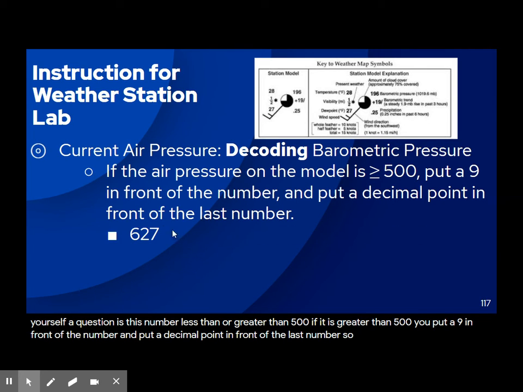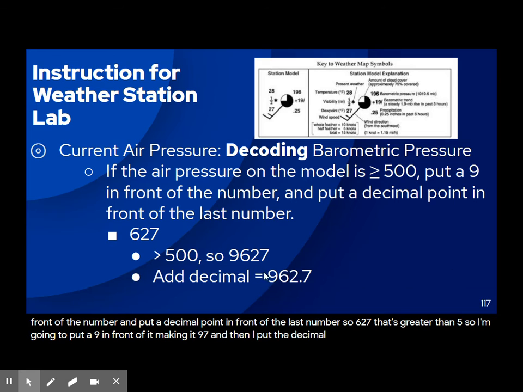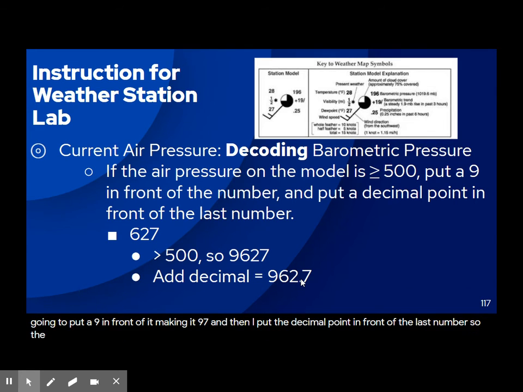So, 627, that's greater than 500. So I'm going to put a 9 in front of it, making it 9,627. And then I put the decimal point in front of the last number. So the actual pressure is 962.7 millibars.